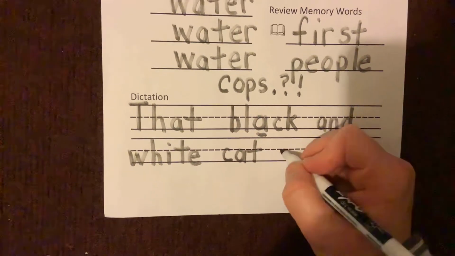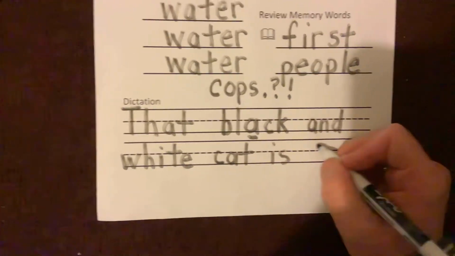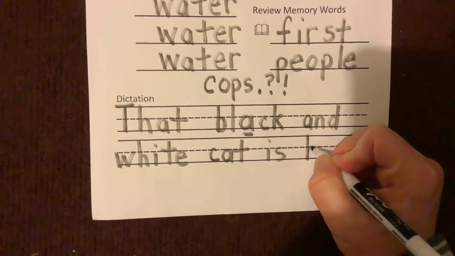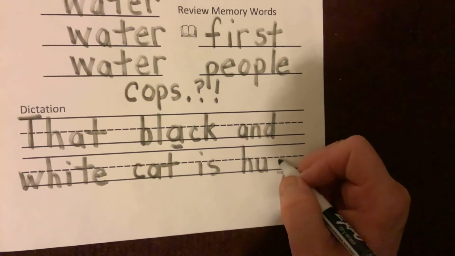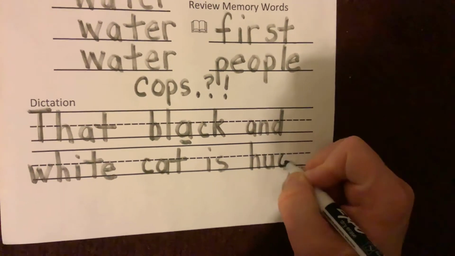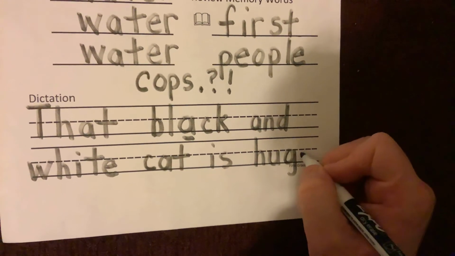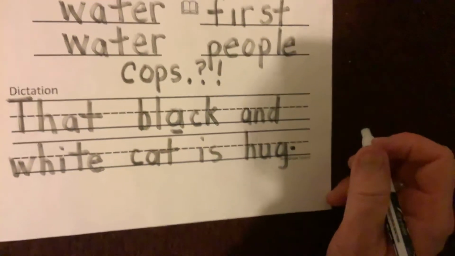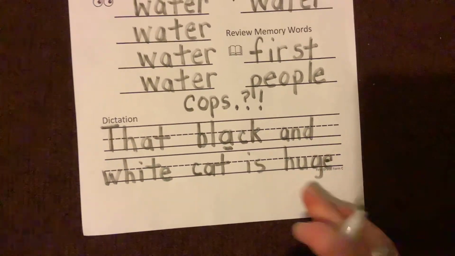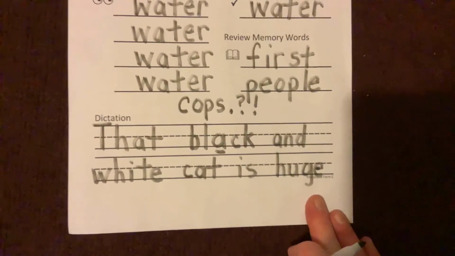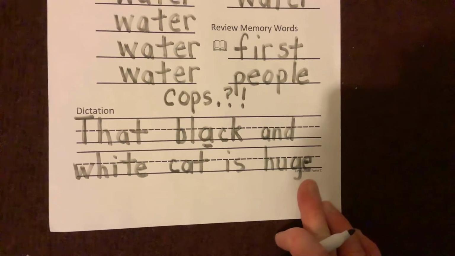is huge. I hear that U sound, huge. Uh-oh, we're not writing a J. Remember, J is that soft G. How do we get the soft G? That would be hug. We need huge. We need that E to make the U say U and to make the G soft. Huge.